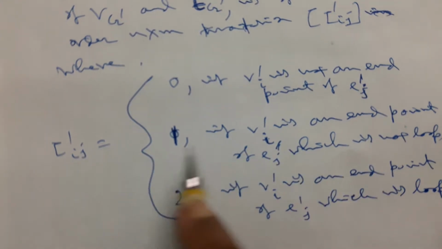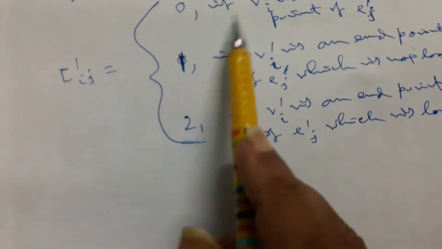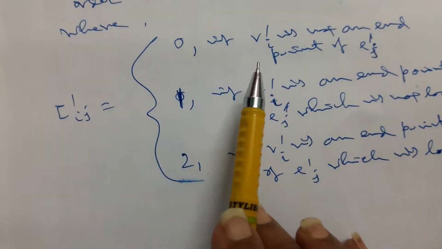So 3 criteria have to be satisfied for constructing the matrix.